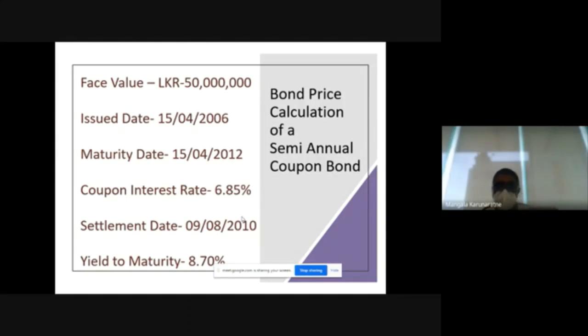But the only problem here is that at the time of settlement, the coupon will not be settled. The coupon will be settled by the central bank, on behalf of the government.